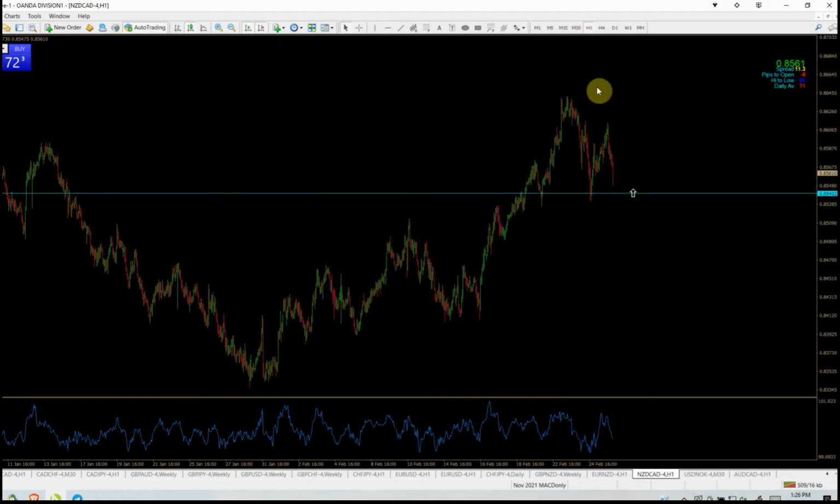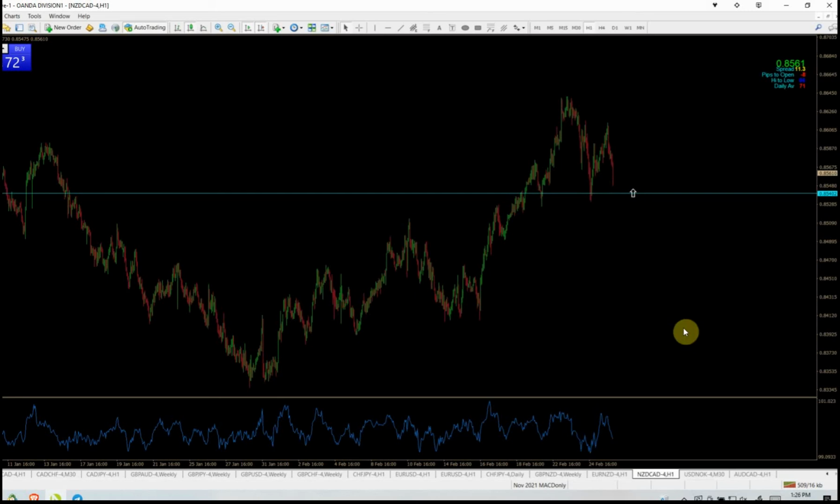It's interesting to see that this might go up because if you want to talk about fundamentals, the Canadian dollar has been very strong the last couple of weeks because of oil prices, and with the Ukrainian conflict, that only drives up energy prices, which should help the Canadian dollar. But with this suggesting an uptrend, that means either the CAD will weaken or the Kiwi will strengthen more than the Canadian dollar.